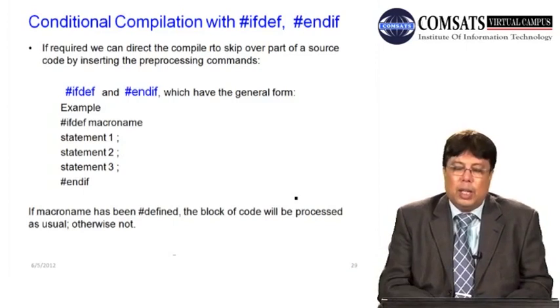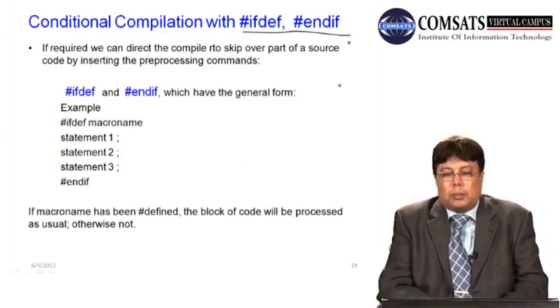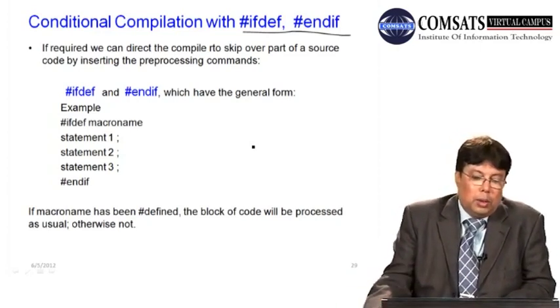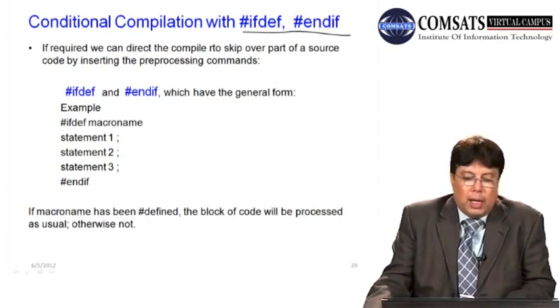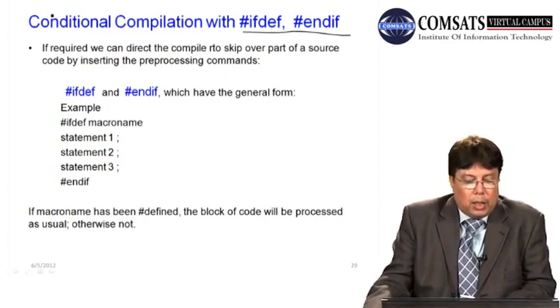That we can do with the help of certain commands. और ये commands यहाँ पर कौन कौन सी हैं? If defined and endif, which have the general format like this: if defined macro name, then do this, endif.